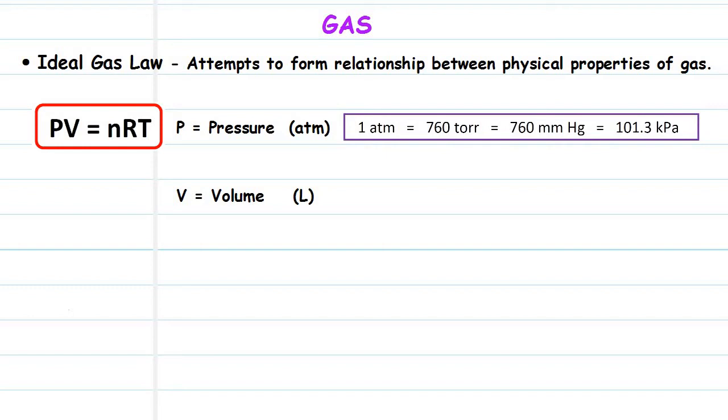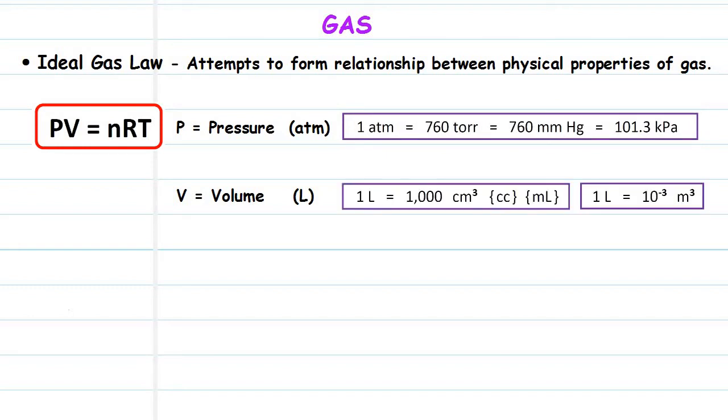Volume in liters. 1 liter equals 1000 cubic centimeters, 1000 cc, or 1000 milliliters. 1 liter also equals 10 to the negative 3 cubic meters.